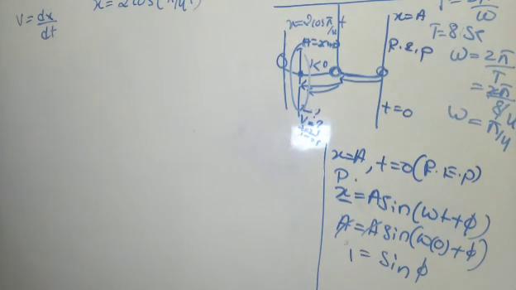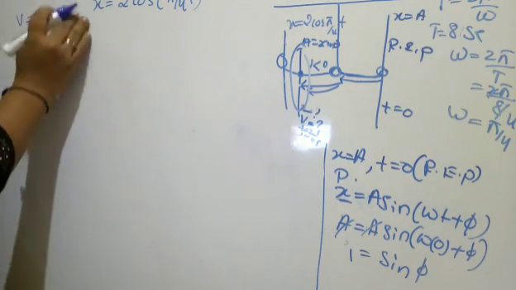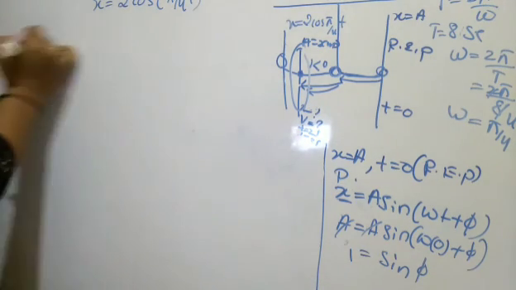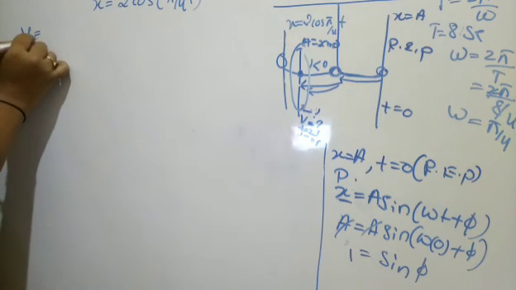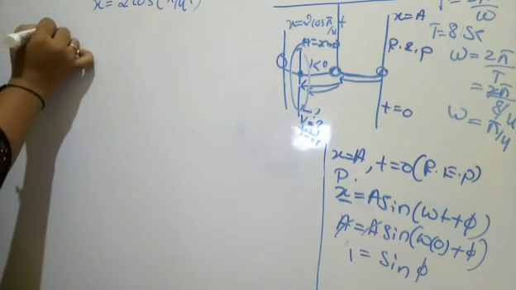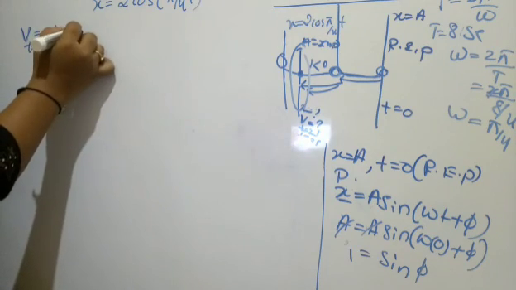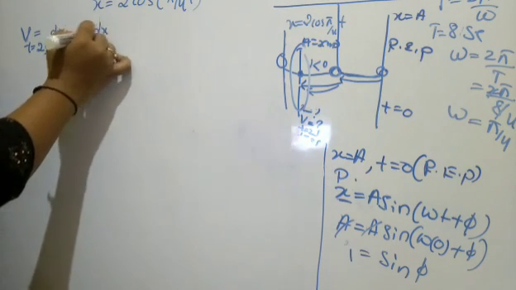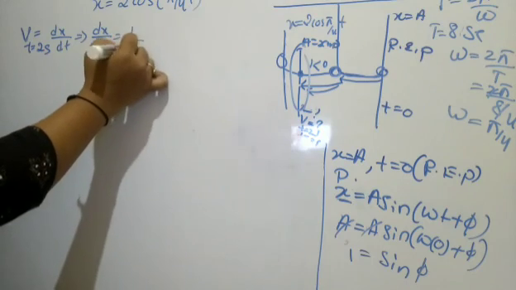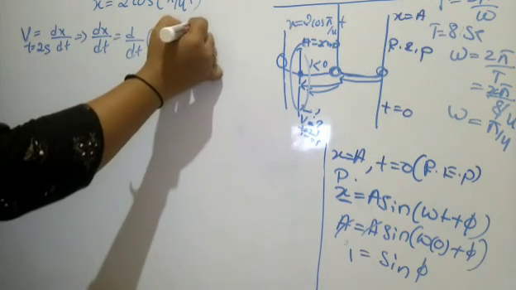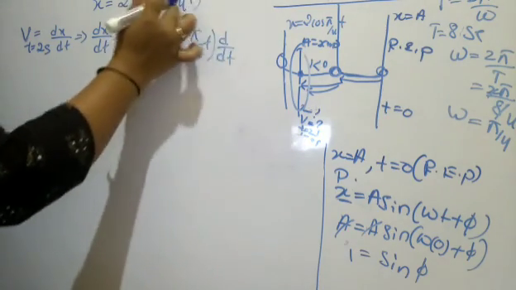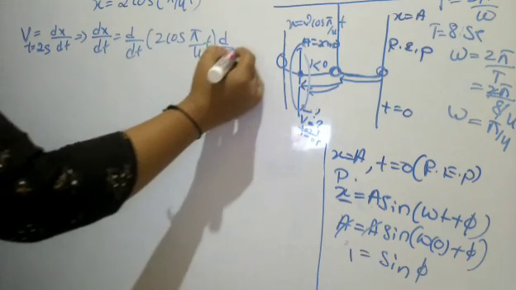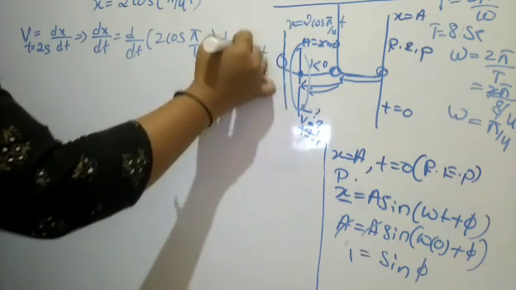First we'll check at time t is equal to 2 seconds. So dx by dt is d by dt of 2 cos pi by 4 t, then d by dt of this part is again variable, that is of pi by 4 t.